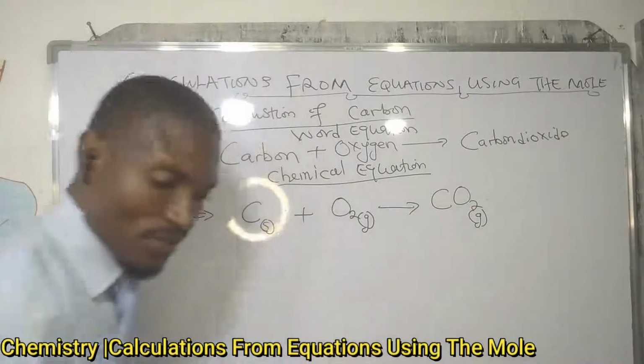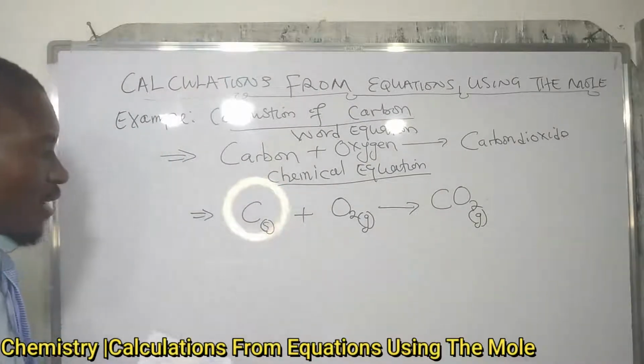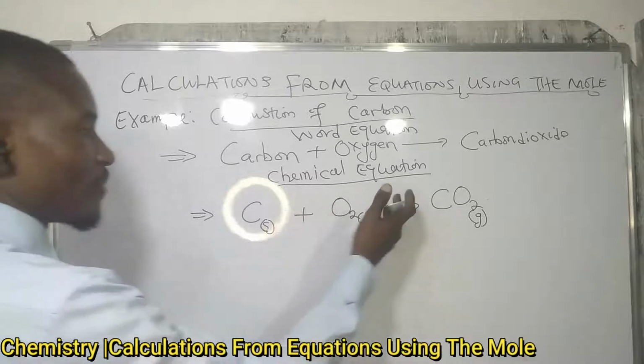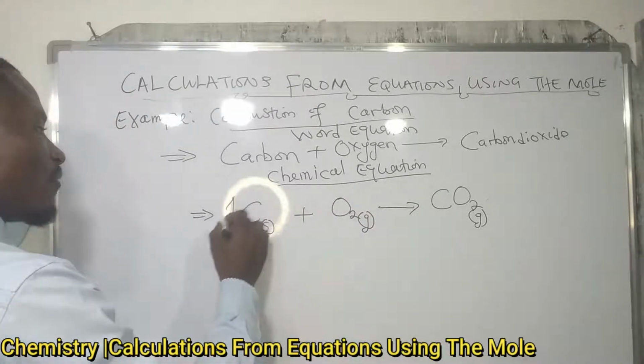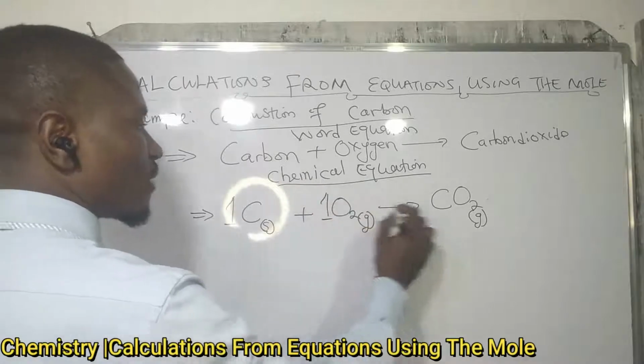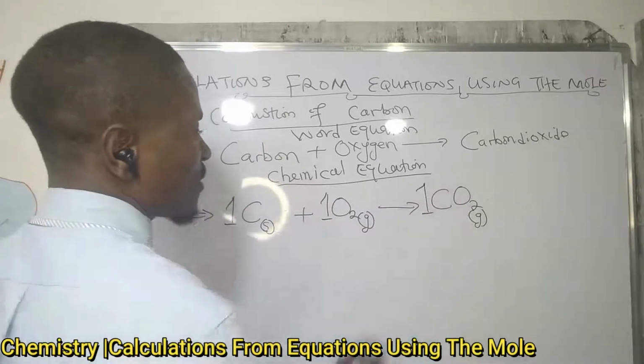Now we can start describing it. The number in front of the carbon is just 1, and the number in front of the oxygen is just 1.